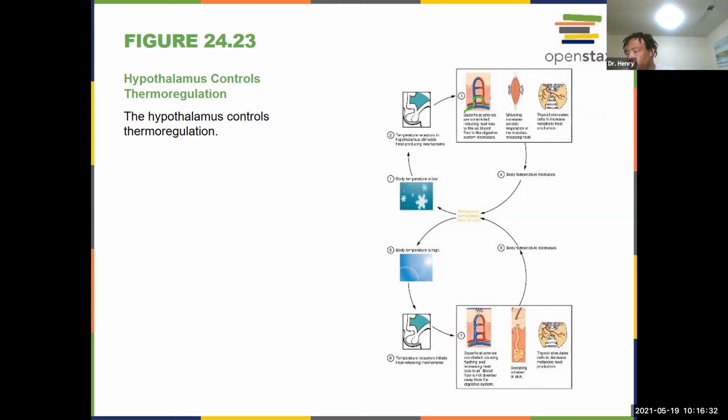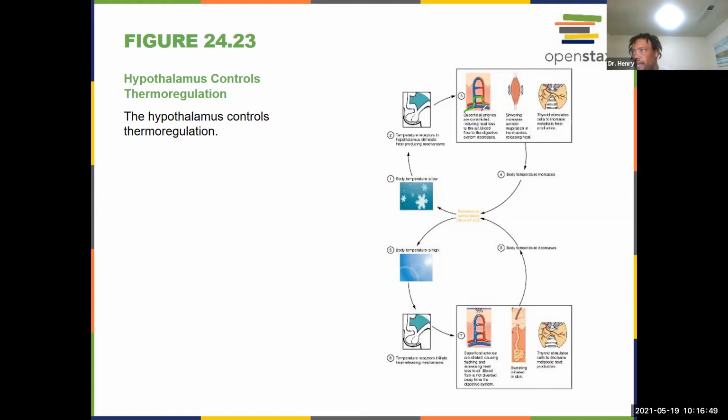And as a result of that constriction, you're going to have less heat loss of the blood, because you're going to limit the flow to the upper layer, and then you're going to increase the flow down here.